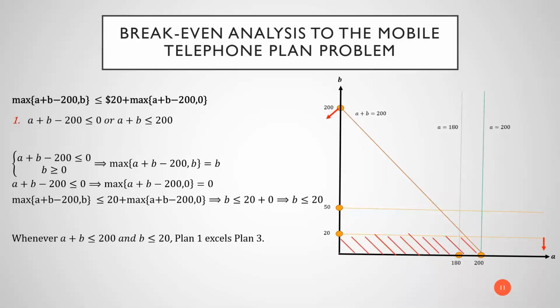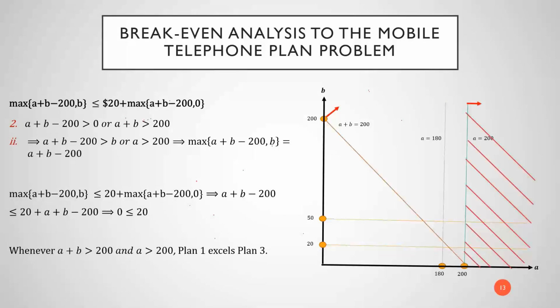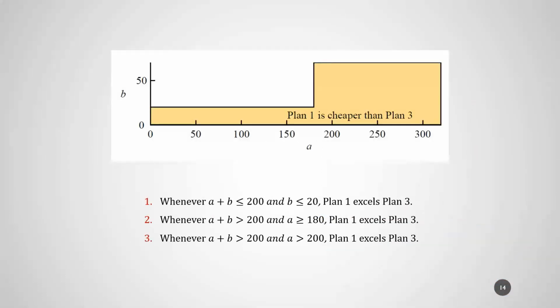What is the union of these three regions? It is shown in this final picture, in this final figure. So if I am somewhere in this region, as you can see, I will prefer plan 1 over plan 3. Why? Because it is cheaper than plan 3.